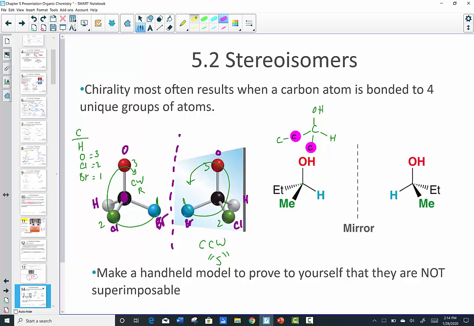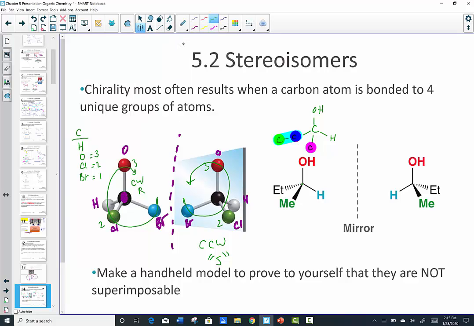Well, the argument is you have to keep going until you find a point of difference. If there is a point of difference, they are not the same group. If there is never a point of difference, then they are the same group. So here I'm noticing that an ethyl group is not the same as a methyl group. Those are indeed 4 unique attachments.